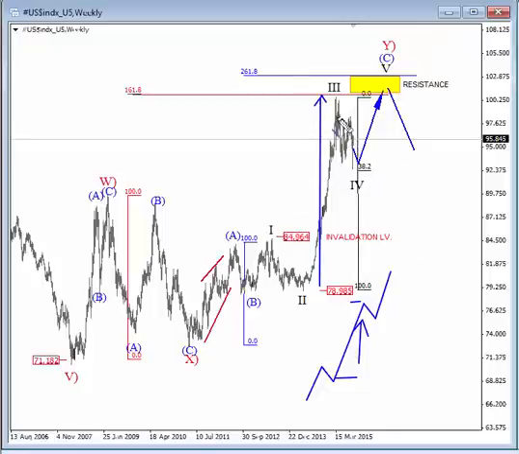So if you identify wave 3 as a very strong move, then you can be sure that the upcoming pullback will be only temporary, ideally wave 4.